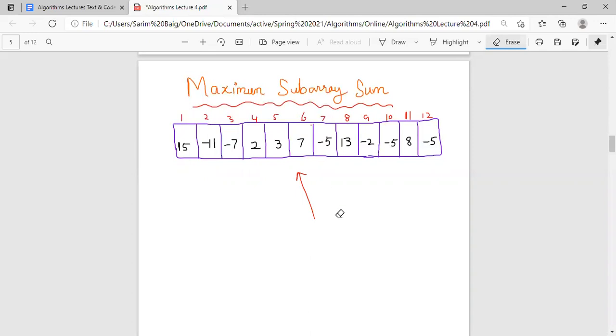By showing you that this 15 is not part of the optimal solution, I have actually given you the proof that greed doesn't work. For an algorithm to work, it must work on all inputs. If I show you even one instance where it fails, I have given you a proof that it does not work. It has to always work to be considered correct. So in this case, what is the answer?